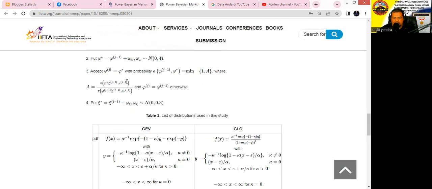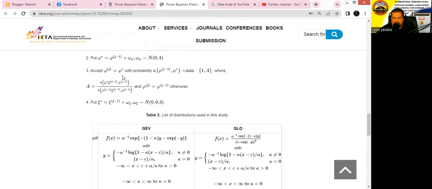We accept theta star as theta g with the probability equal to minimum 1 and a, where a equals the posterior of theta star given c g minus 1 and kappa g minus 1, divided by the posterior of theta g minus 1 given c g minus 1 and kappa g minus 1.